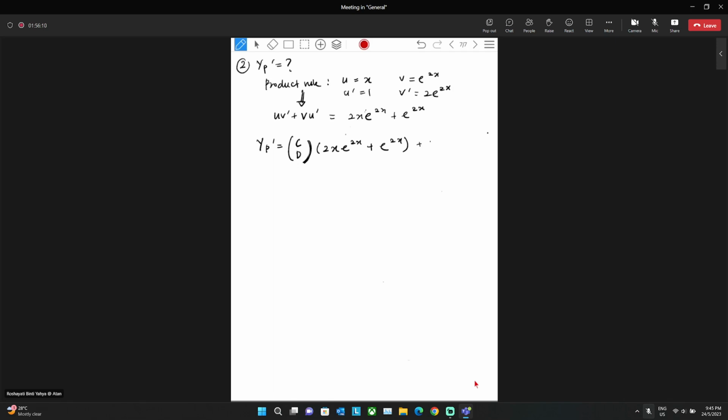Step number 3, substitute YP and YP prime into the non-homogeneous equation y prime equal to Ay plus g. So this becomes YP prime equal to A YP plus g.